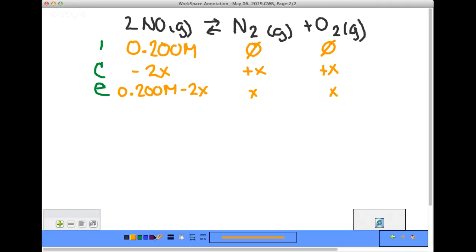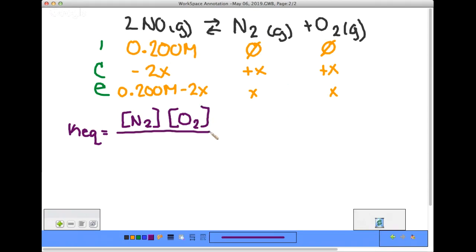So what we need to do is solve using our KEQ, which we are given. If I write out my equation, KEQ equals my products, N2 raised to the first power because there is a 1 in front, times O2, divided by the concentration of nitrogen monoxide squared.